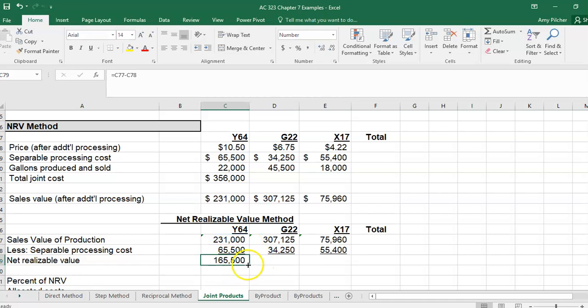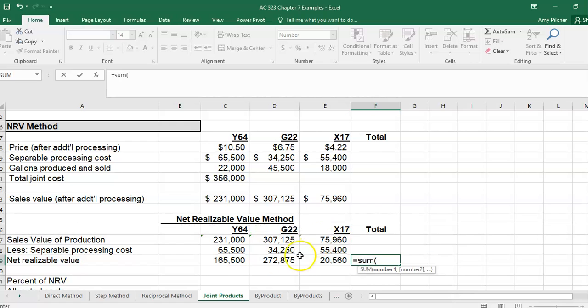And this is our net realizable value of each product. So our sum of the net realizable value.